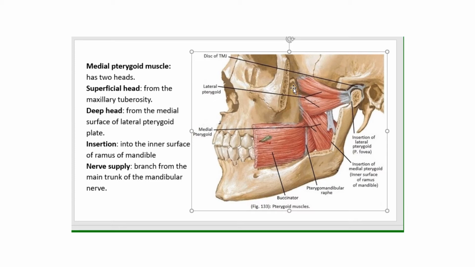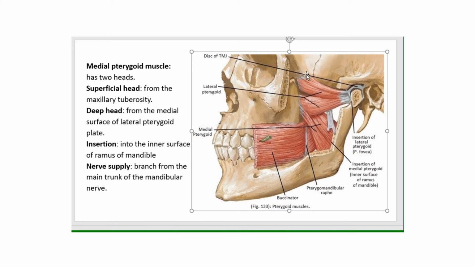This is the lateral pterygoid blade, which shares in the origin of both muscles. The lateral pterygoid upper head takes origin from the infratemporal surface and the infratemporal crest of the greater wing of the sphenoid. This is the greater wing of the sphenoid.